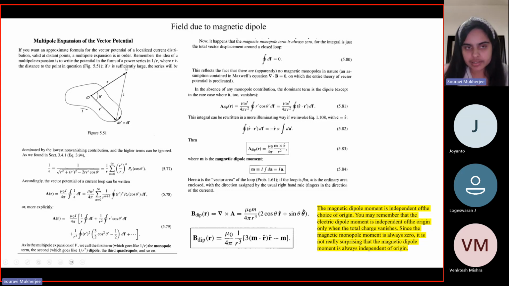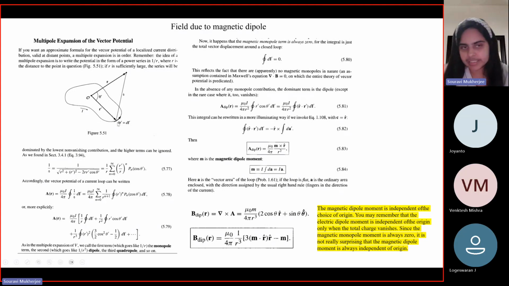So r is this distance from the current line element to your field point, and this is given by root over r square plus r prime square minus 2 r r prime cos theta, where r prime is the position of your current element, and r is the position of the field point. Okay, so if you do that, you can basically write this as a series of Legendre polynomials.